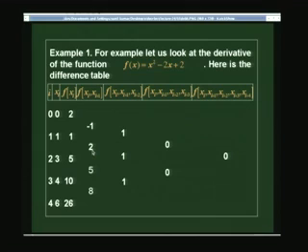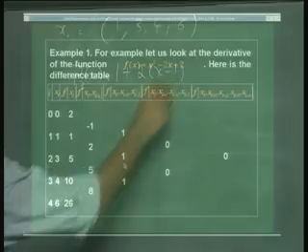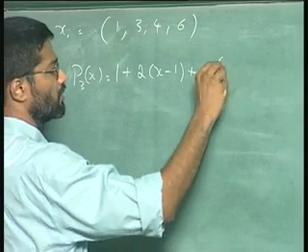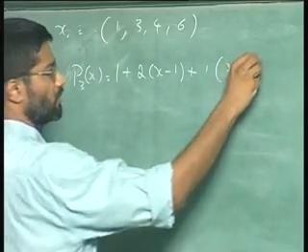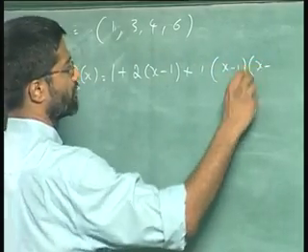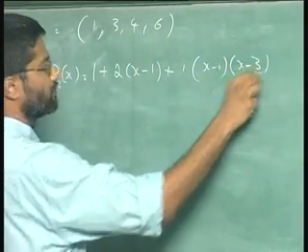And then 2 into x minus x1, and then we have the next term, that is f of x0 x1 x2, that is f of 1, 3, 4. That is 1 again. So that would be 1 into x minus x0 into x minus x1, that is 3.